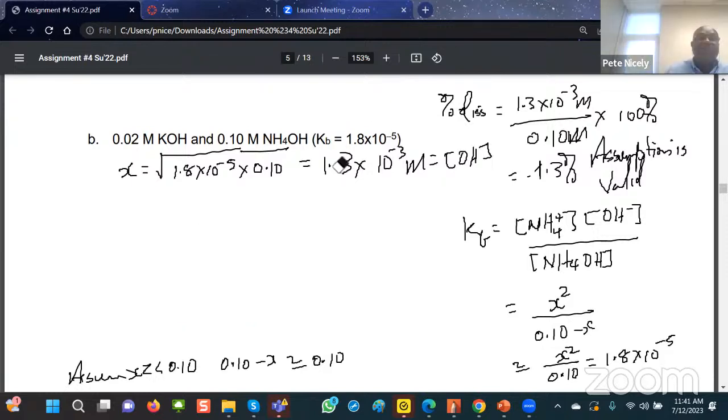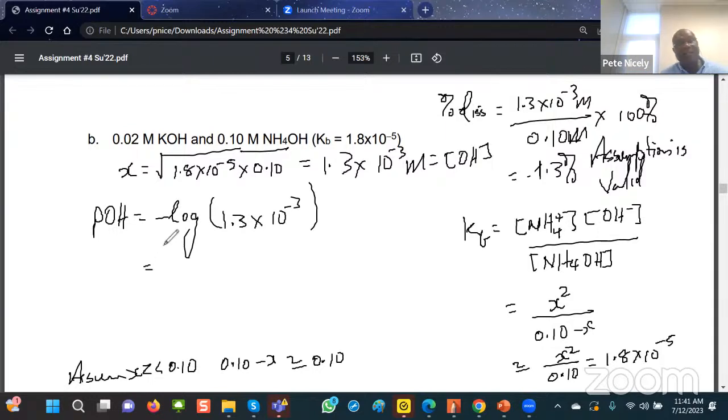Okay, so that would be pOH is equal to minus log of 1.3 times 10 to the minus 3. And let me see what that gives. So 1.3 times 10 to the minus 3.